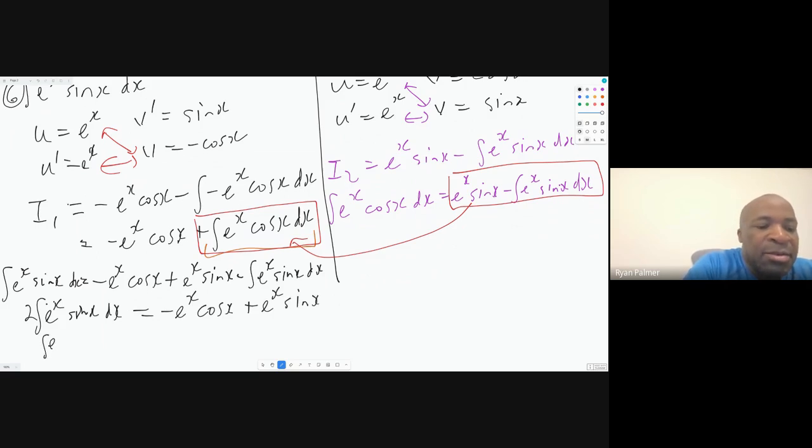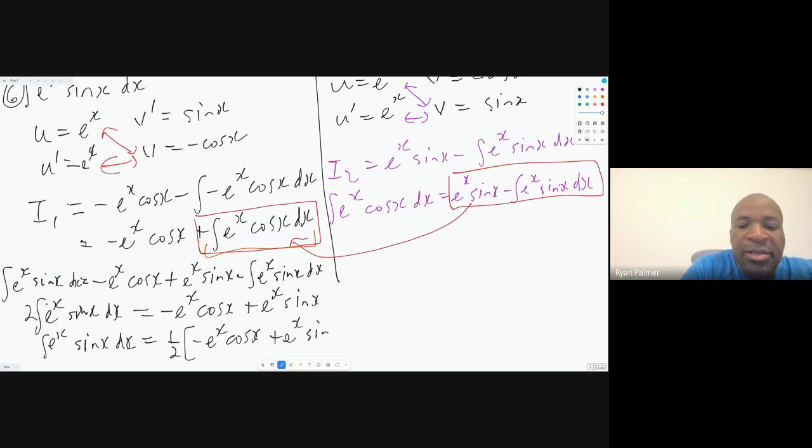So the integral of e to the x sine x dx is equal to half of minus e to the x cos x plus e to the x sine x, and then plus c.